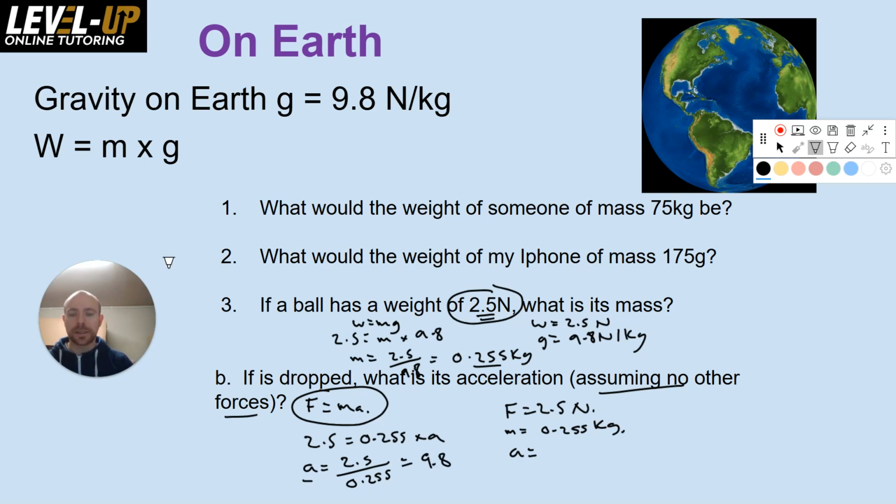This is an acceleration, so it's in meters per second squared. But as I said in the previous slide, this is our 9.8. That's the acceleration. It's exactly numerically the same as our gravitational field strength.